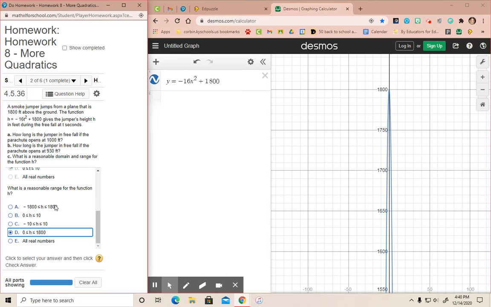You're going to stop at 0. So your height can only go from 0 to that maximum 1800. And again, that 10 was referring to the time. So we know 1800 has to do with the height, 10 has to do with the time. So that can help you narrow out some options as well.